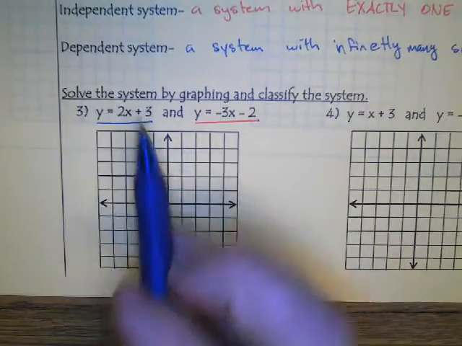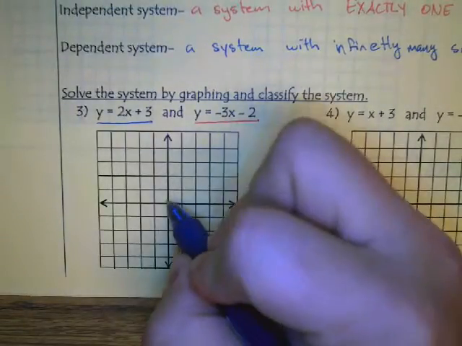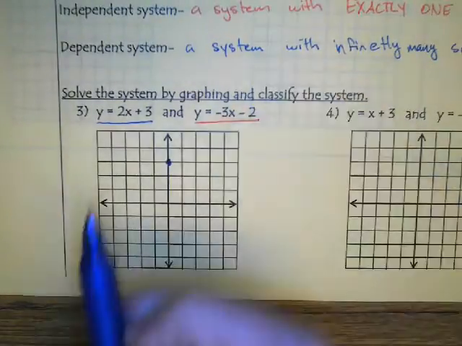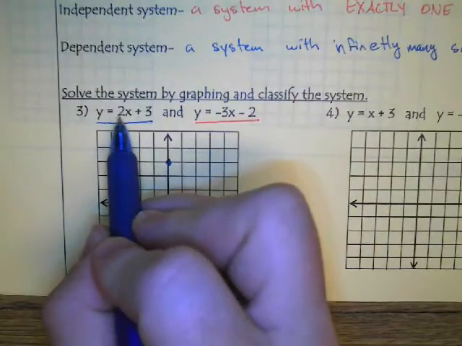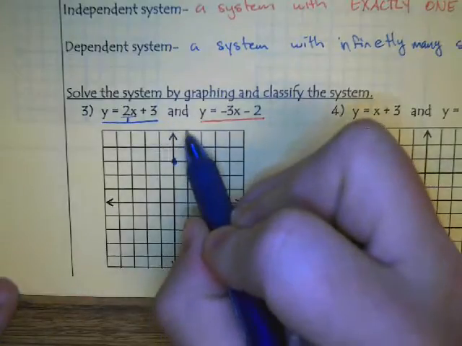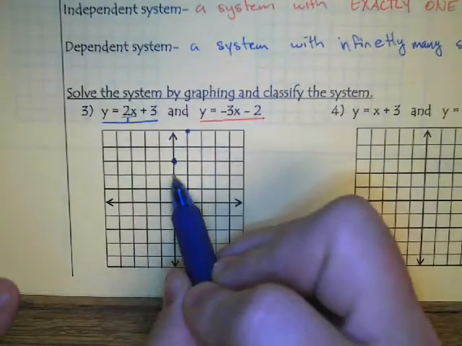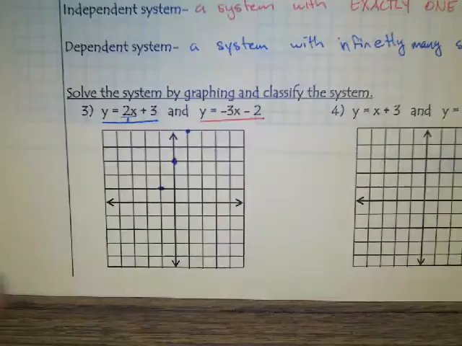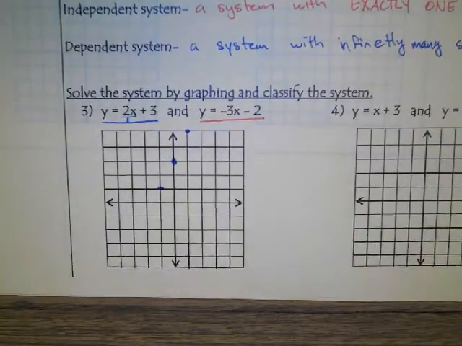So we're going to graph this, starting at my y-intercept of 3. And then I have a slope of 2. Remember, there's a hidden 1 underneath, so it's 2 over 1, so I'll go up 2 over 1, or I could go down 2 and left 1. And we'll connect these dots.